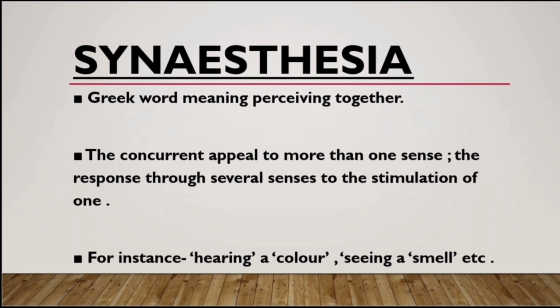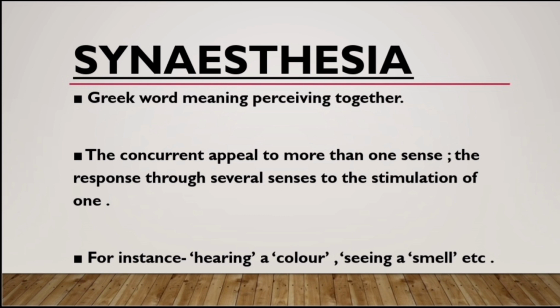Basically one sense is stimulated, but two senses are used together. If you see this example, hearing a color, seeing a smell. So, in this literary technique, you use two human senses together, but the active is only one sense and not two.